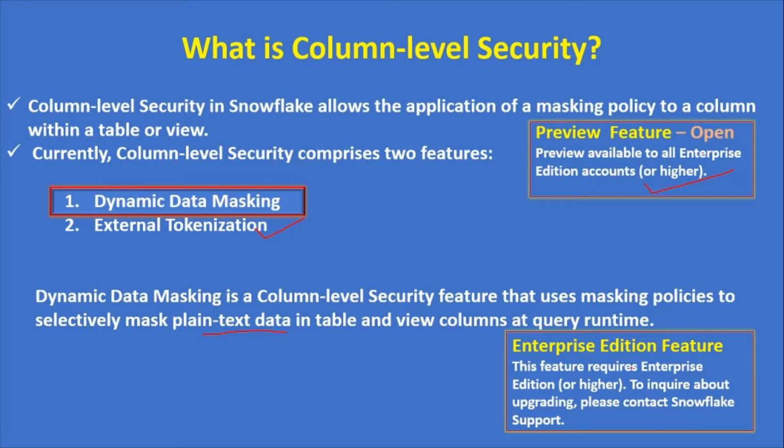It is an Enterprise edition feature. If you are not using the Enterprise edition or higher, then you can contact the Snowflake support team to upgrade to Enterprise edition to make use of column level security, as column level security is not supported in the Standard edition.